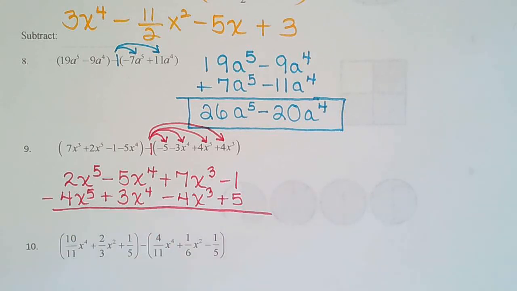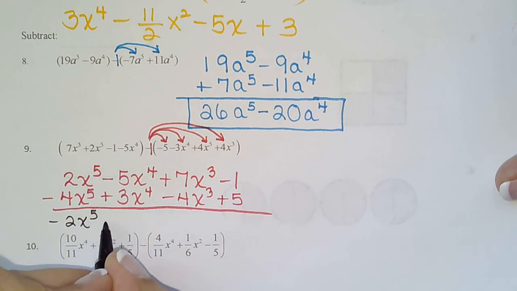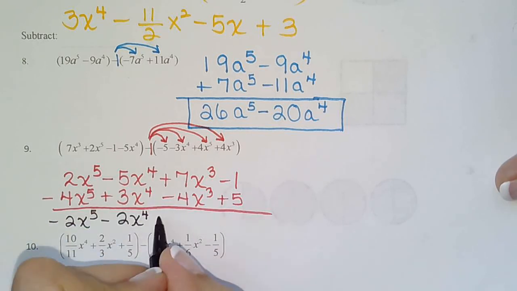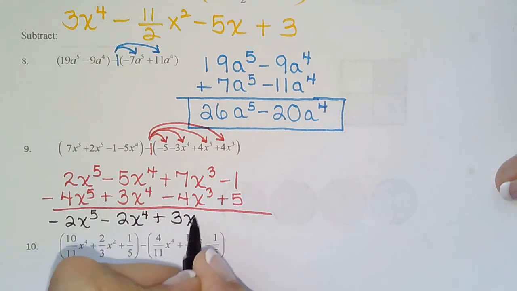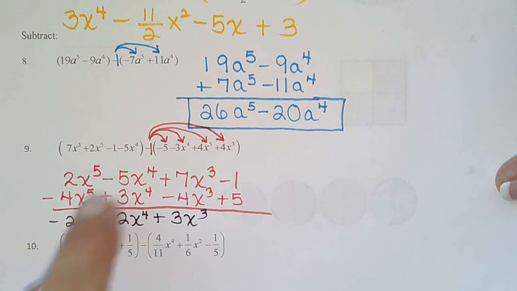And now we can add our like terms and write what's left. So 2 minus 4, negative 2x to the 5th, negative 5 plus 3, negative 2x to the 4th, 7 minus 4, positive 3x to the 3rd. Remember, when the signs are different, you subtract, keep the sign of the larger.